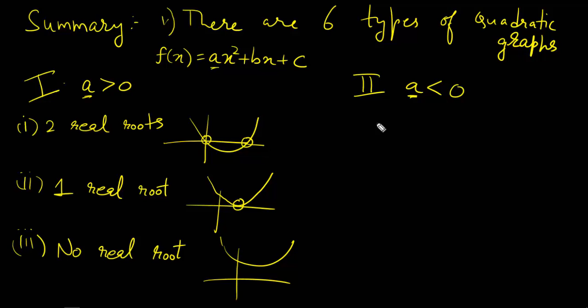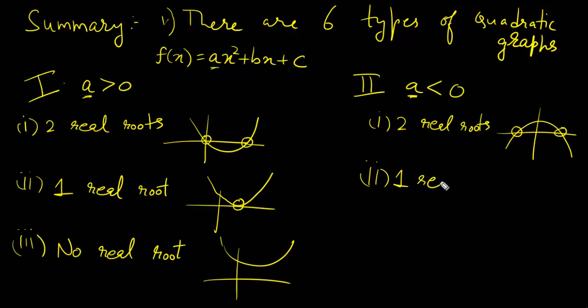Similarly, in the second case also there are 3 sub cases. First is two real roots. Graph will be something like this. Also touches the x-axis at 2 points. Second subcase, one real root.